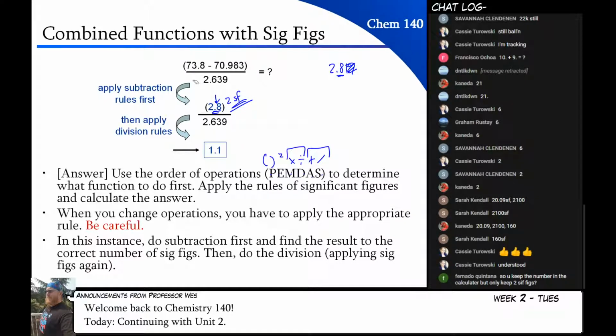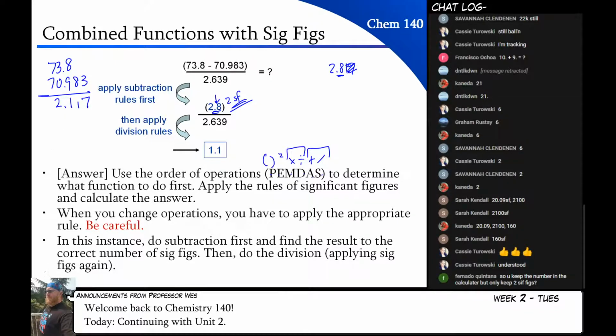Yes, that's right. Because when I did this subtraction right here, 73.8 minus 70.983, I shouldn't keep erasing this. When I do this subtraction here, I don't know if that's right even.